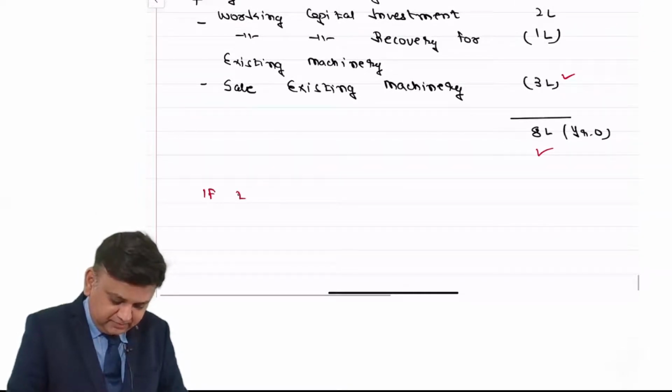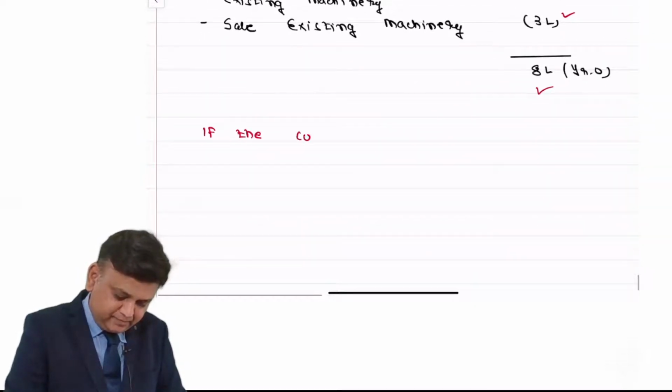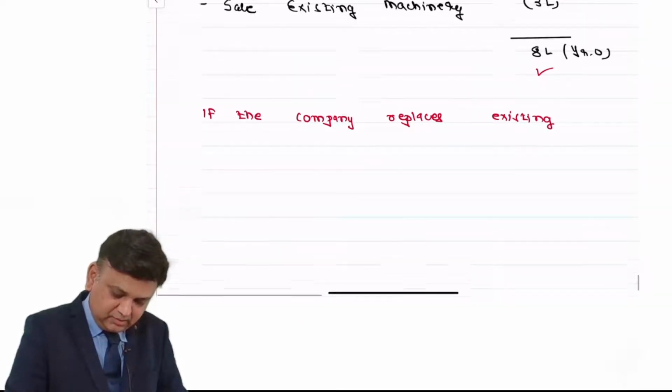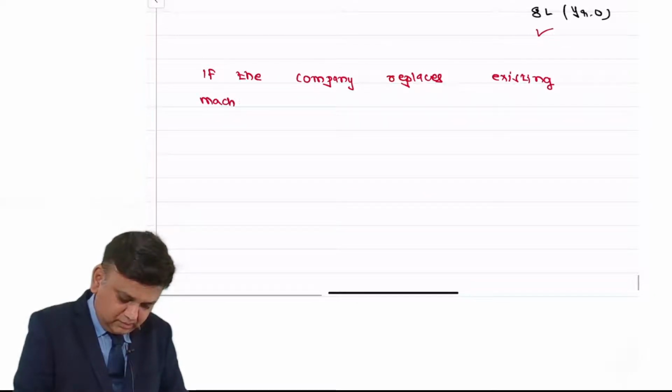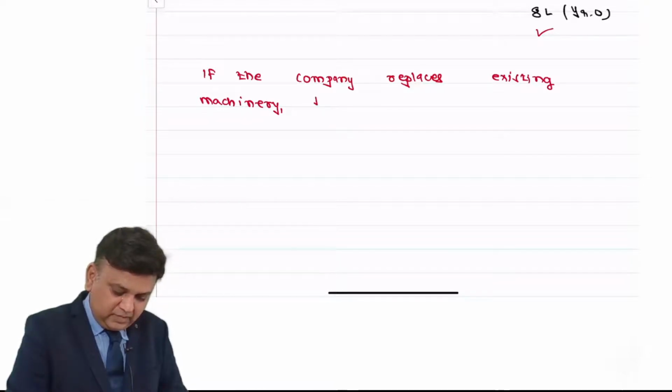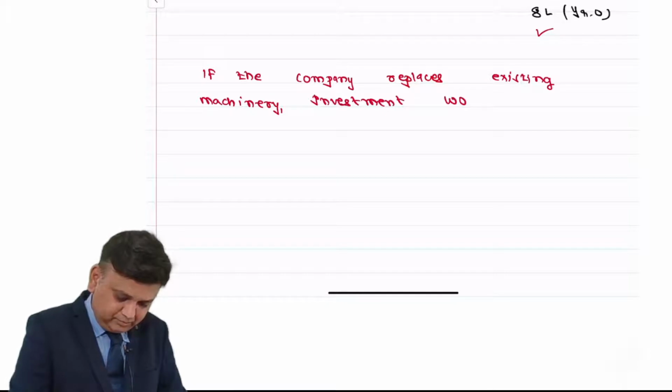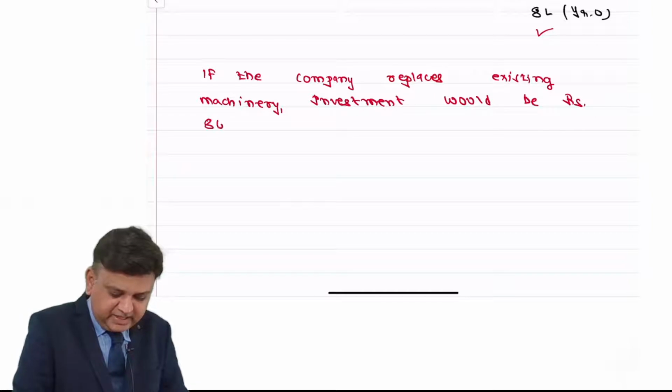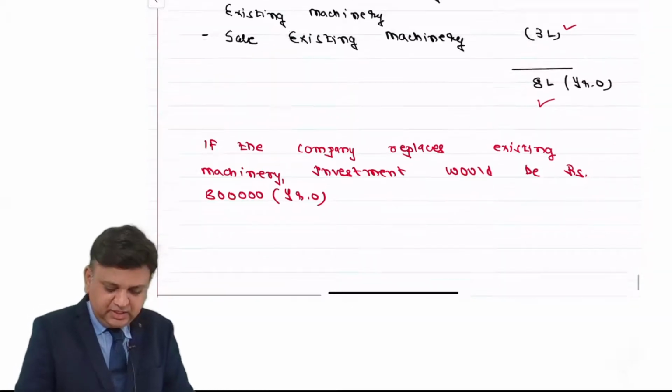If the company replaces existing machinery, comma, investment would be rupees 8 lakhs, in bracket write down year 0.